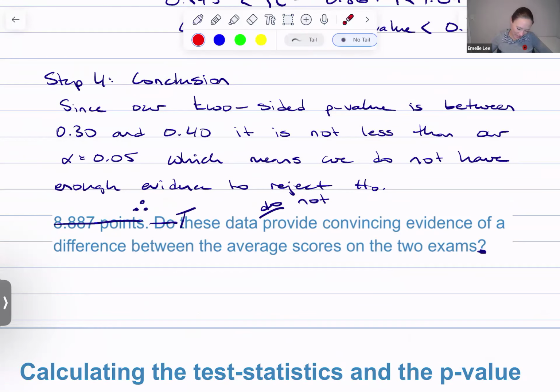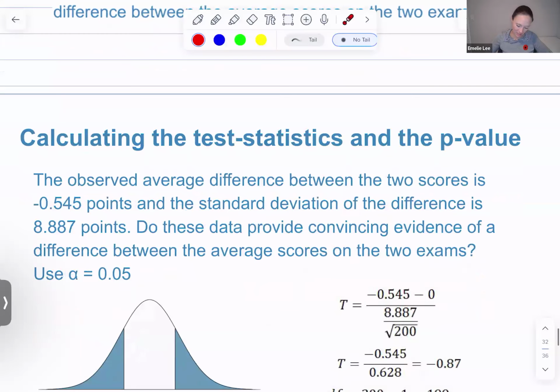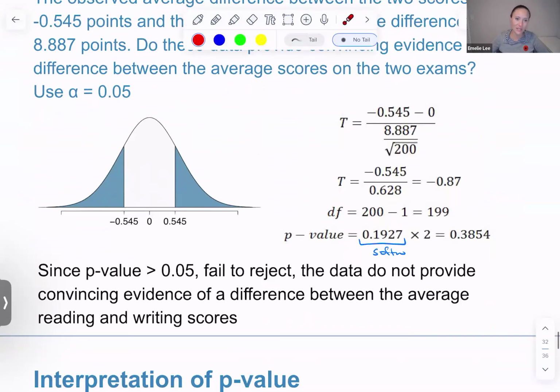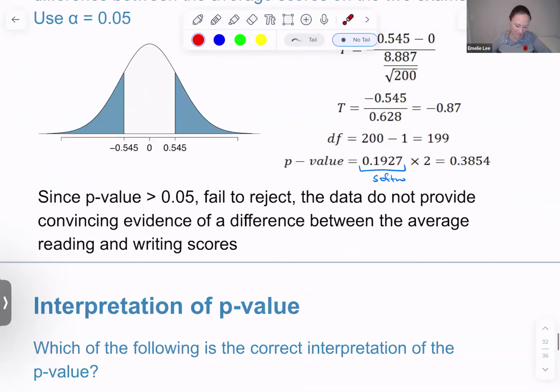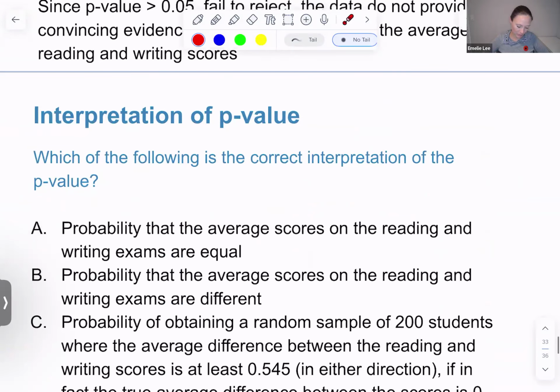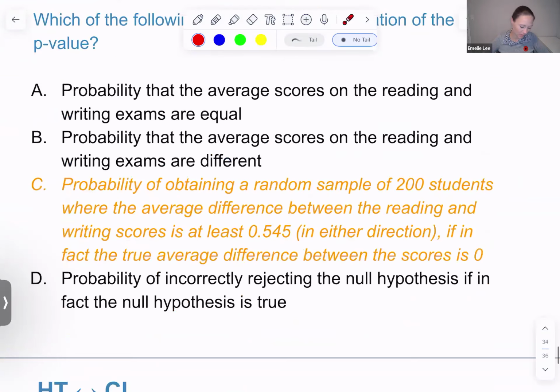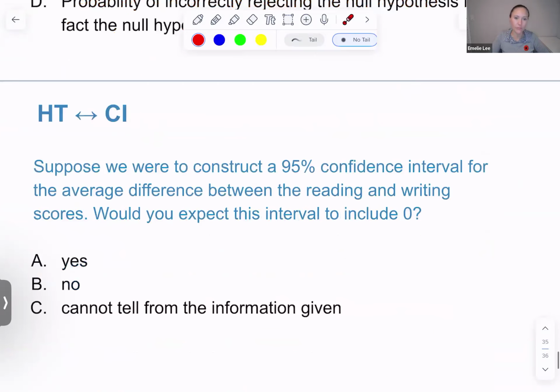And as my last little tidbit, that's the end of the hypothesis test. We've already talked about the p-value, but what I want to follow up with is this: if you were to construct a 95% confidence interval, would you expect the interval to include 0?